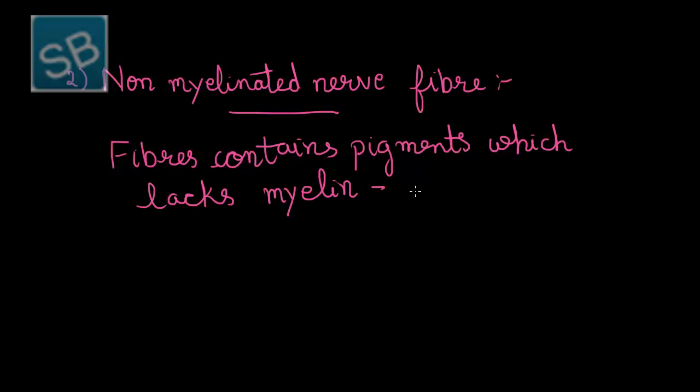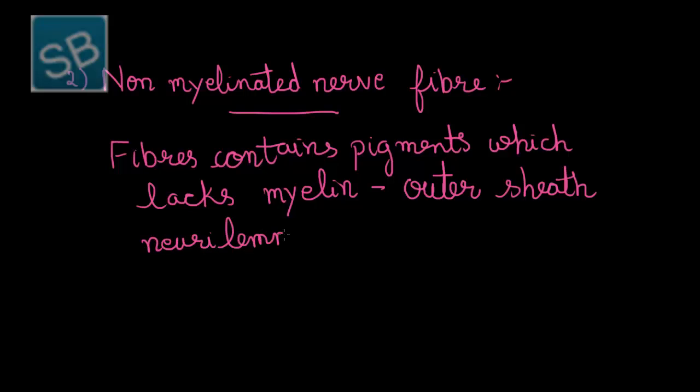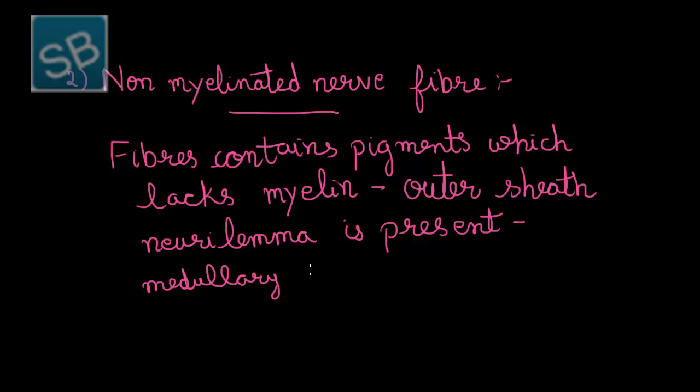Therefore, out of the two sheaths of the nerve fiber containing myelin, here only the outer sheath, neurilemma, is present, but the inner sheath, that is the medullary sheath, is absent.